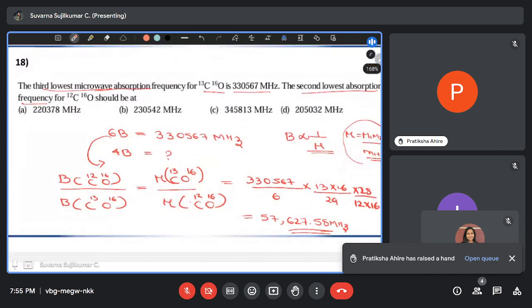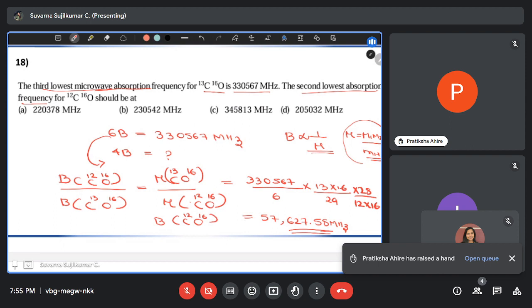This value corresponds to the rotational constant for C12 O16.